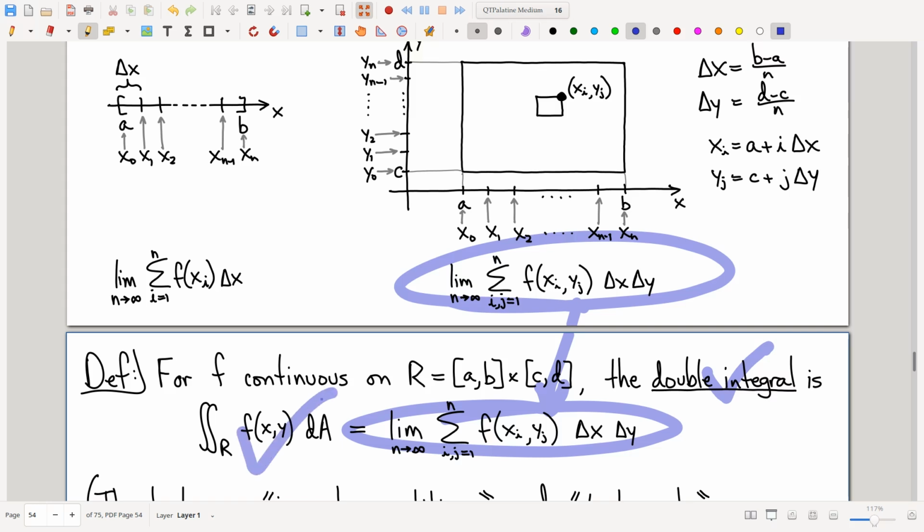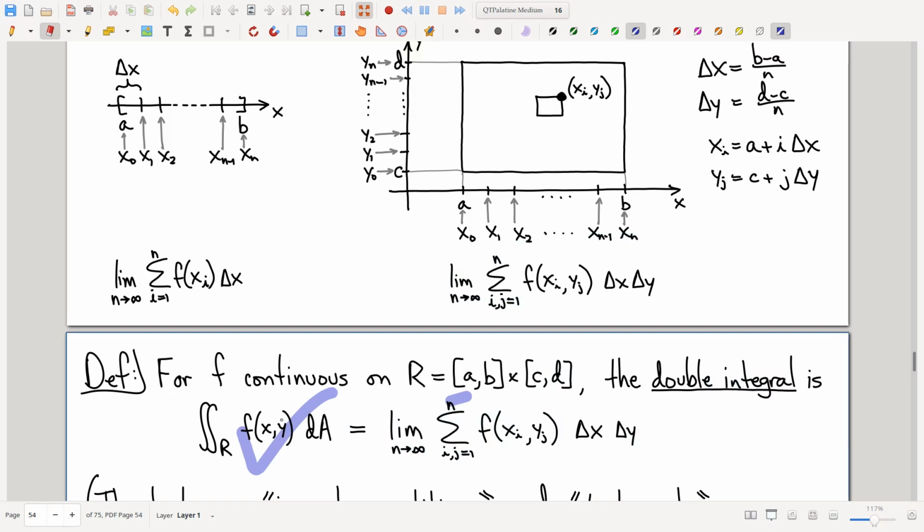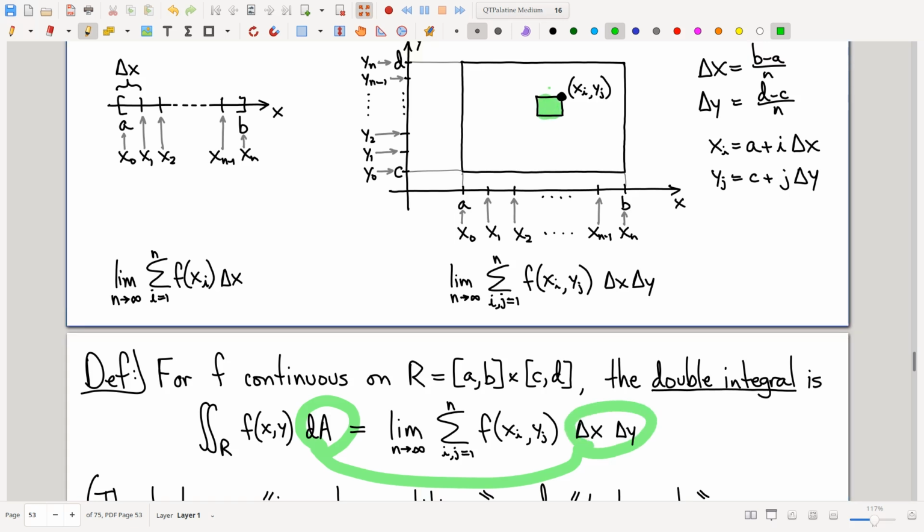I think the notation is pretty satisfying, and let me get rid of the junk, in the sense that this is just a shorthand for representing that little piece of area. And this right here is just a representation of that, I'm adding up in the limit as n goes to infinity as we slice finer and finer.